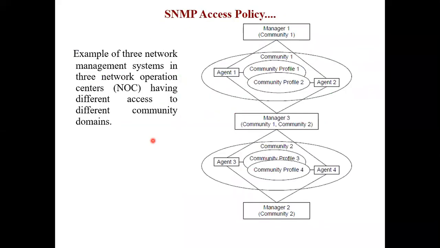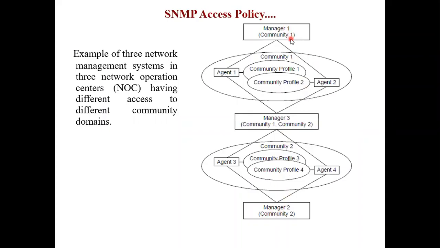Okay, very good. Now let us understand how to create a community profile and how the access policy works. A very simple example: in the diagram there are 3 managers.